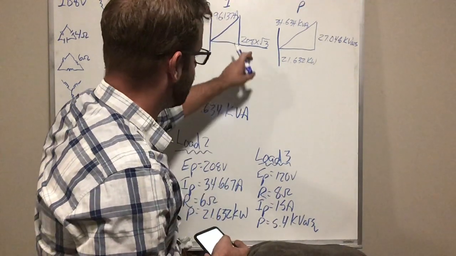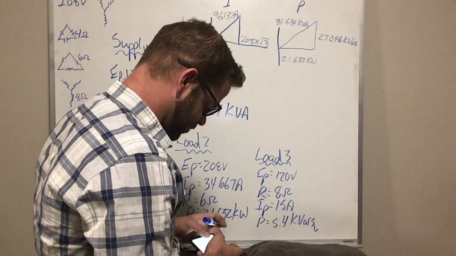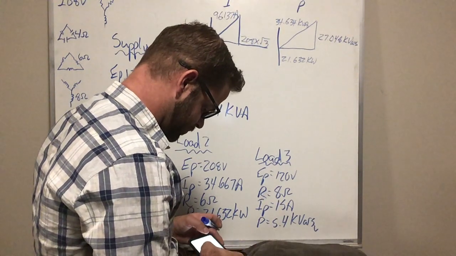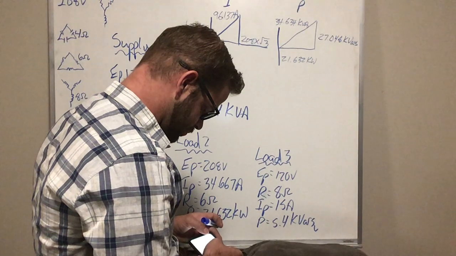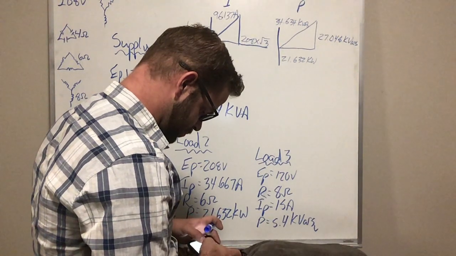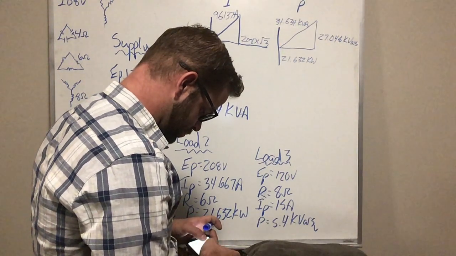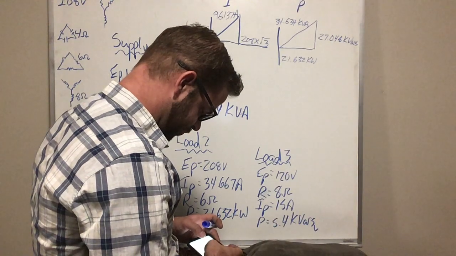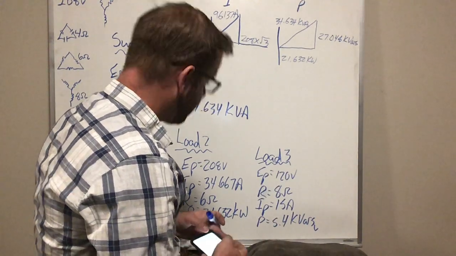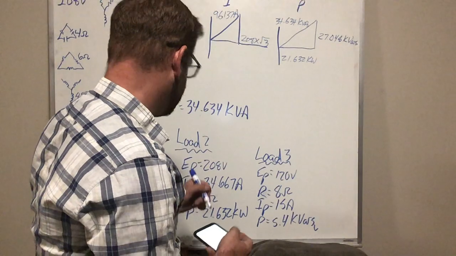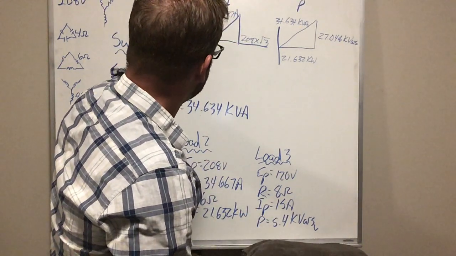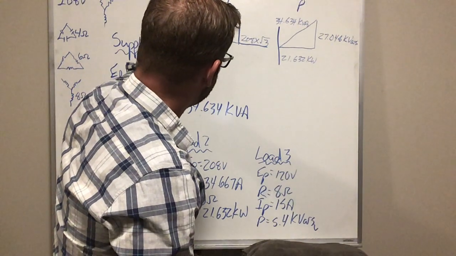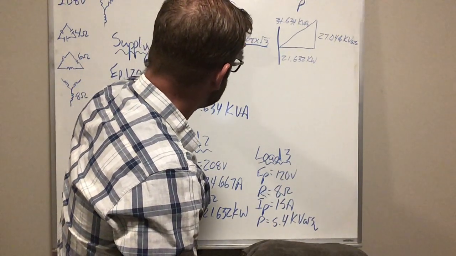So we're going to divide by 208 times root 3. We get a value of 60.046 amps.